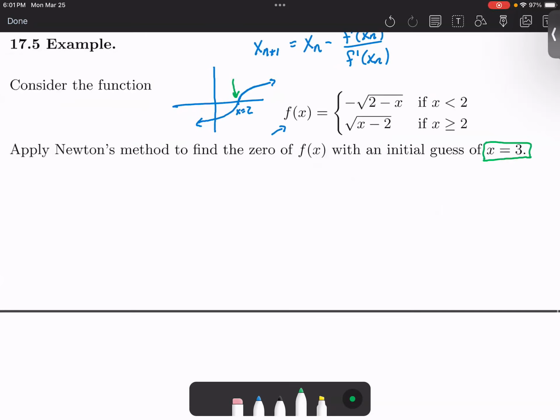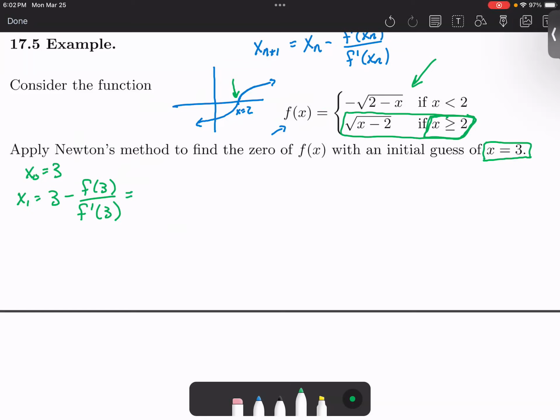So our initial guess is 3. Now our next guess will be 3 minus the function at 3 divided by the derivative at 3. Now, because our function is defined piecewise, we should be looking at this bottom function because x is greater than or equal to 2 when x is equal to 3.